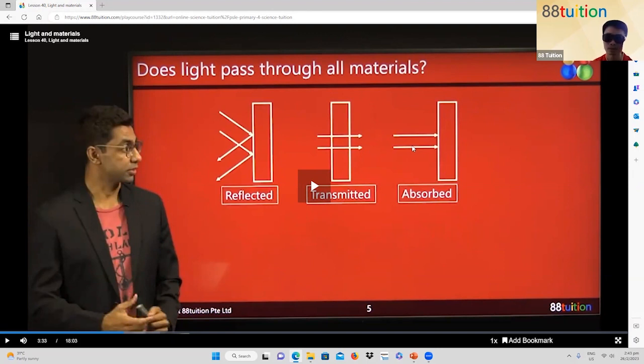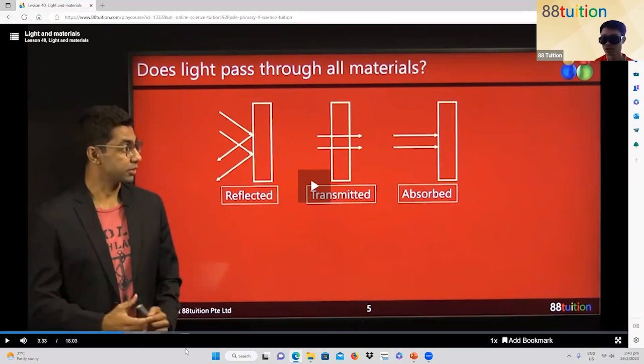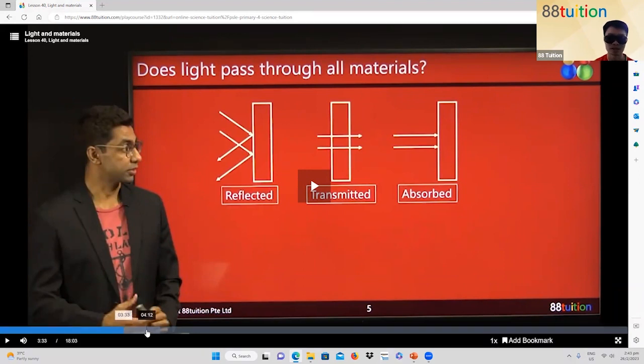Probably this material is a very dark surface. Questions? Any questions so far? All right, so translucent and transparent objects will be over here. Opaque objects will be the one that reflects light. And of course, some opaque objects absorb light if they are dark colored objects.